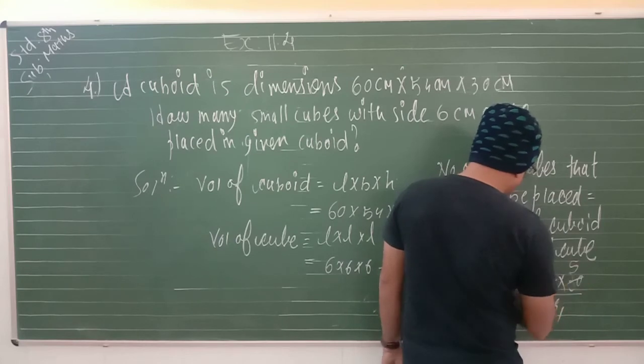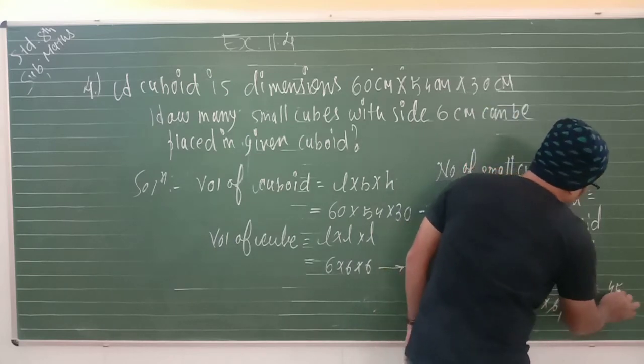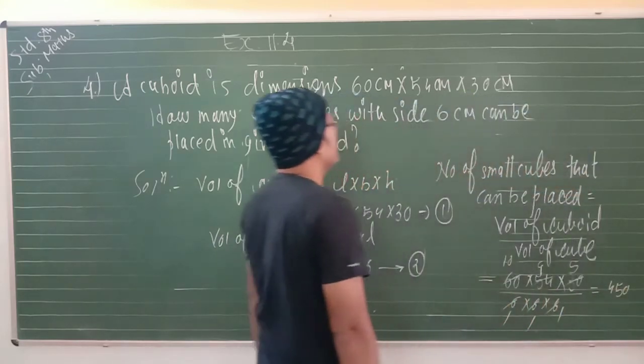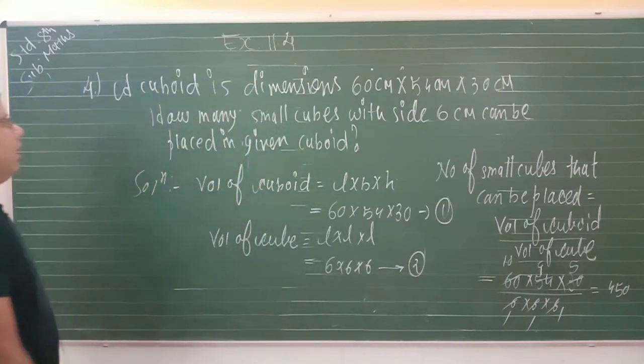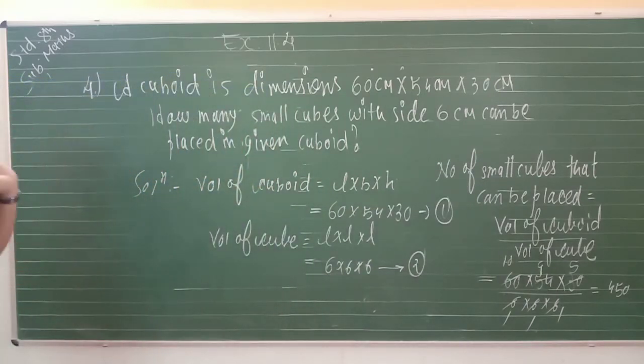So 9 5s are 45, 10s are 450. So how many small cubes can be placed?